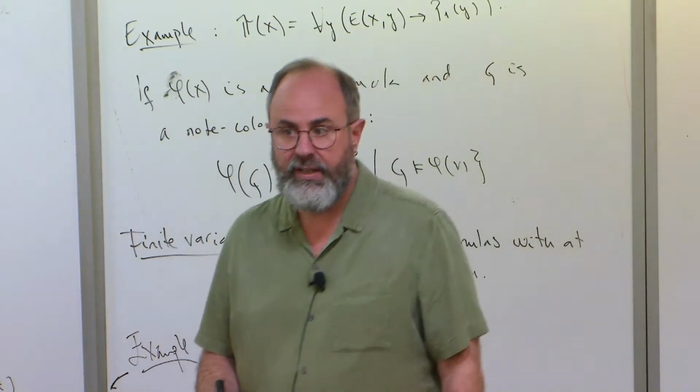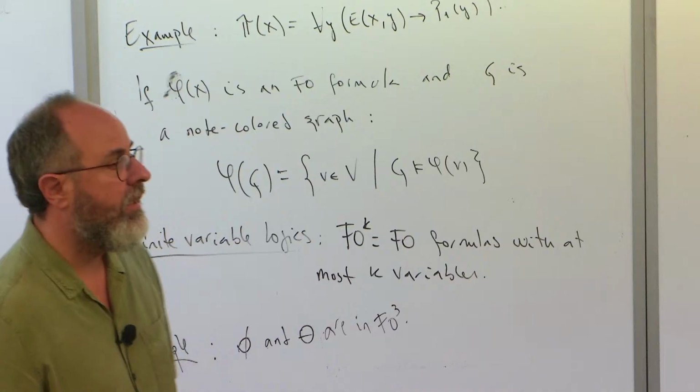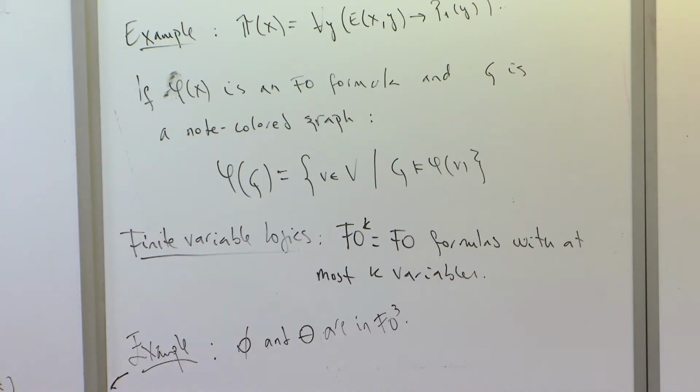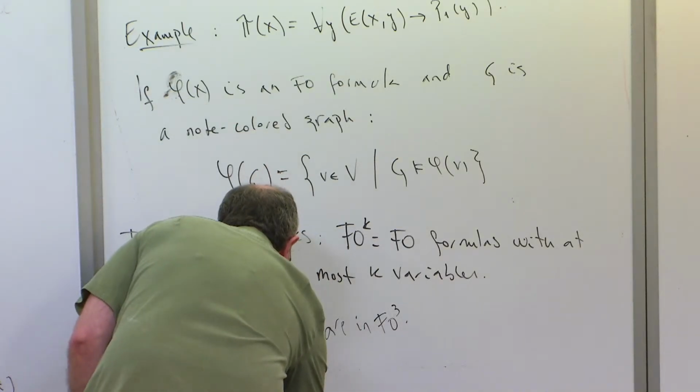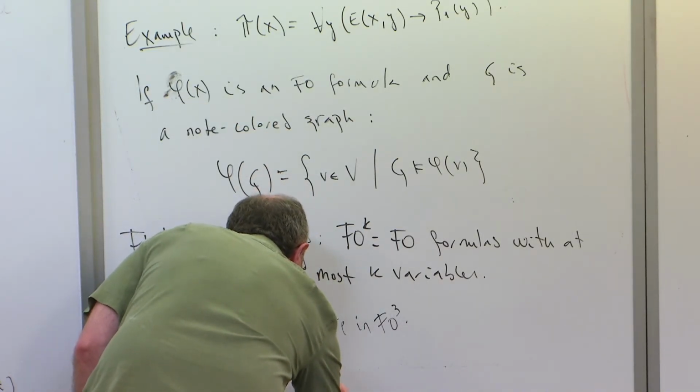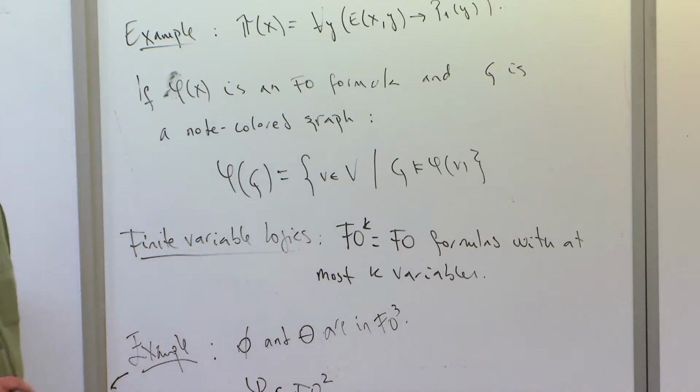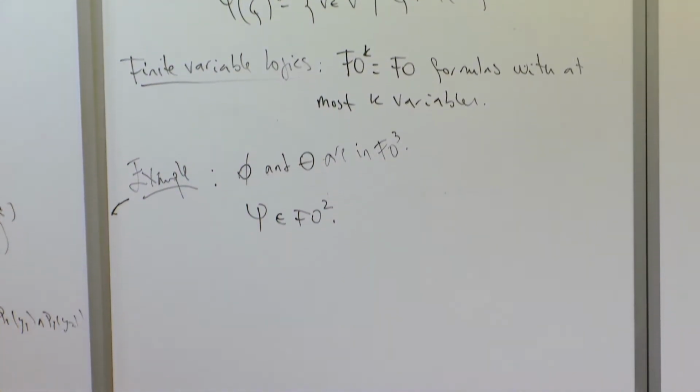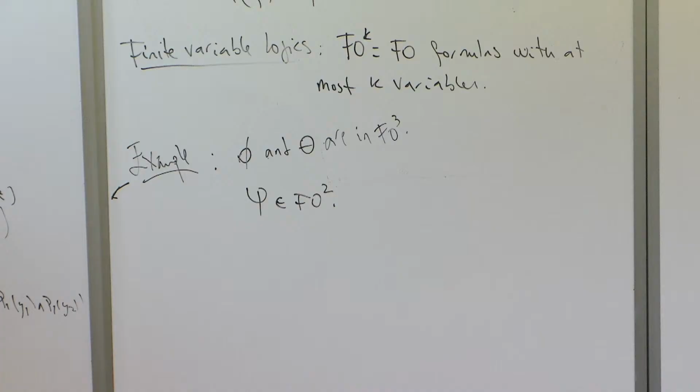We are using 3 variables to express these properties. While psi is in FO2. This formula here is only using 2 variables to express the property. These formulas are using 3 variables.